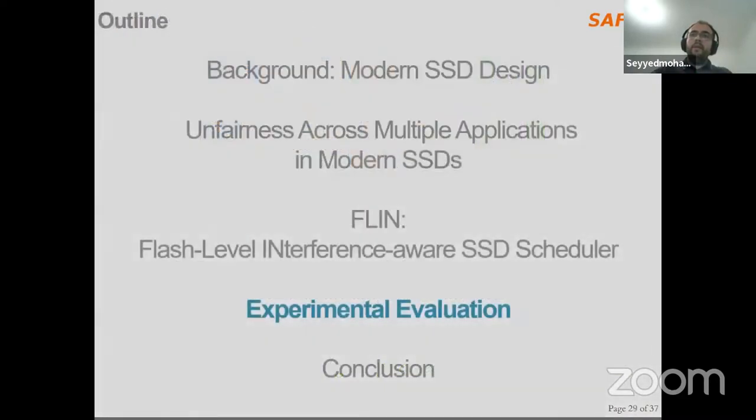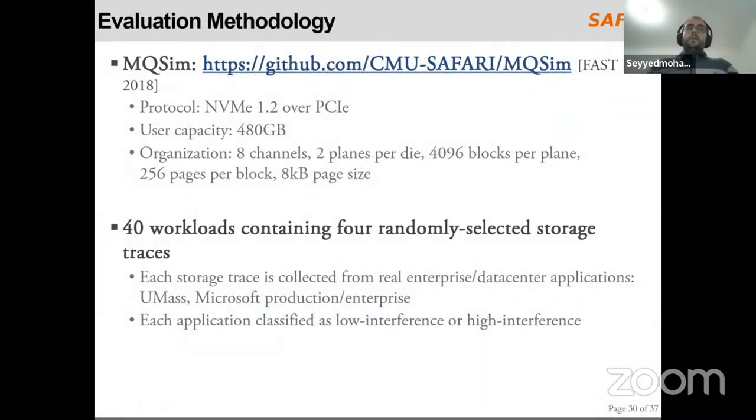Okay, let's quickly also see the experimental evaluation results. In order to evaluate our technique, we use MQSim, and the protocol we implemented is NVMe 1.2 over PCI Express. The user capacity that we consider is 480 gigabytes.